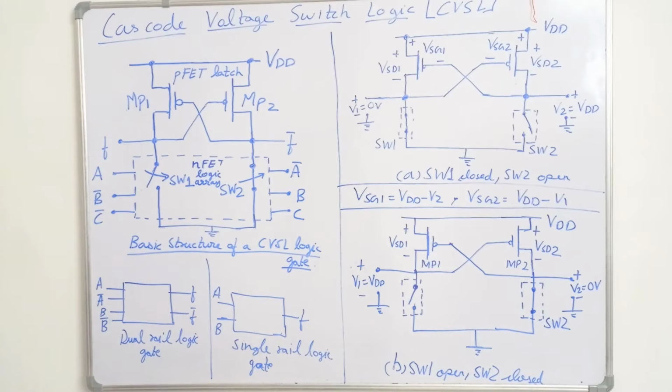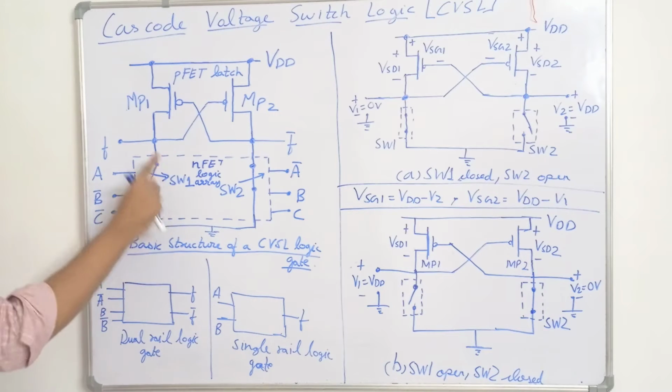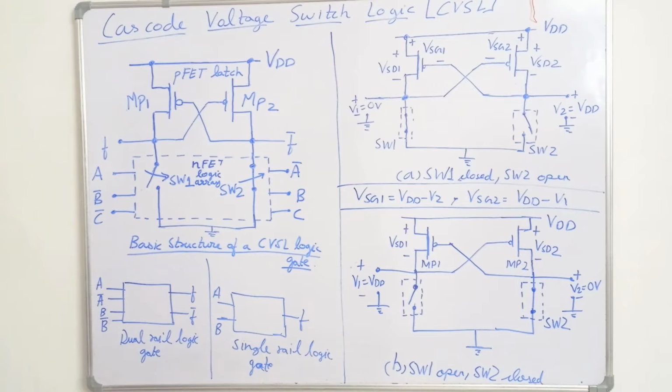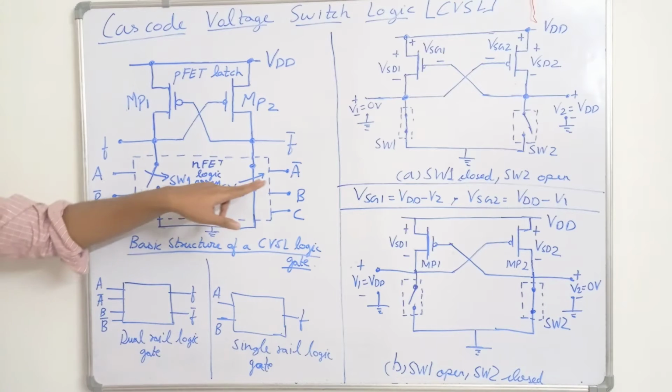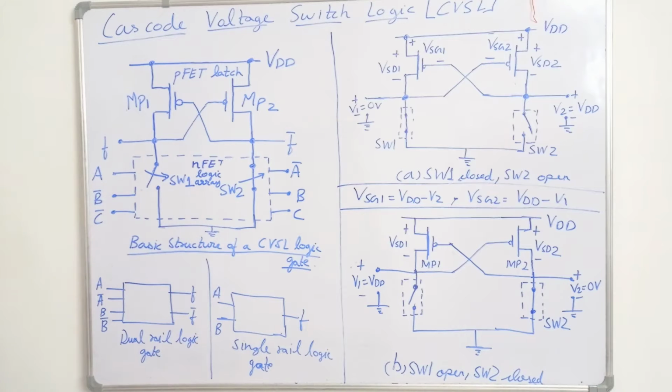Then we have this NFET logic array. This NFET network can be viewed as two complementary switches. If SW1 is closed, SW2 is open, and if SW2 is closed, SW1 is open. So these are the two major sections.